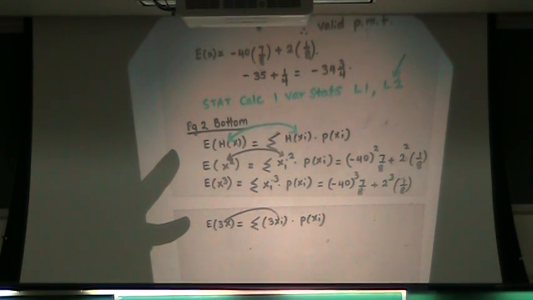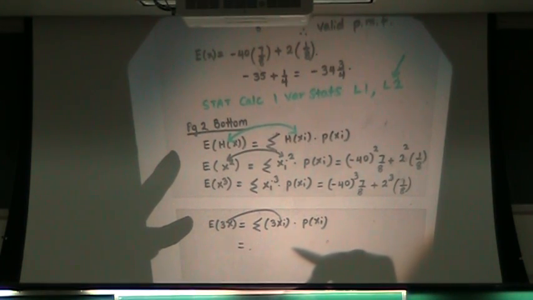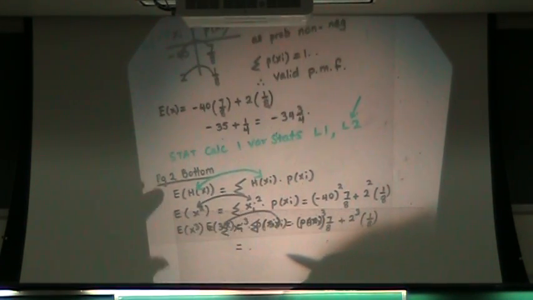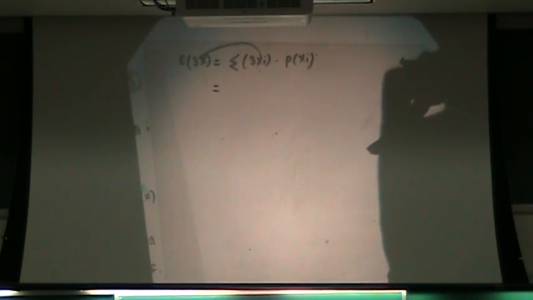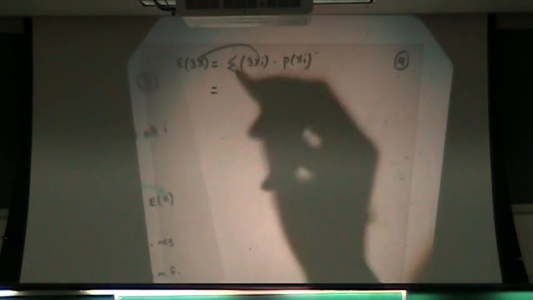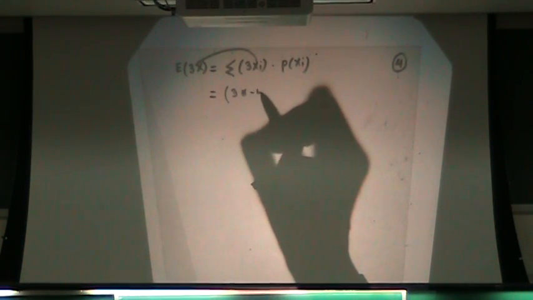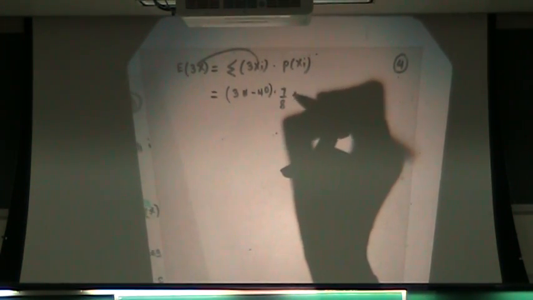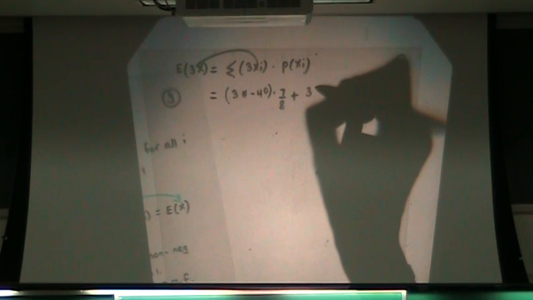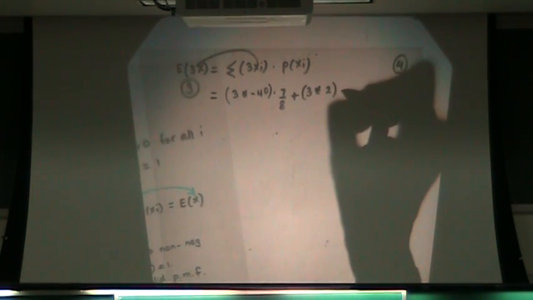That's all. So there are two ways to do this. You could either find 3 times every x and times by the probability like this. 3 times minus 40, times 7/8 plus 3 times 2 times 1/8.